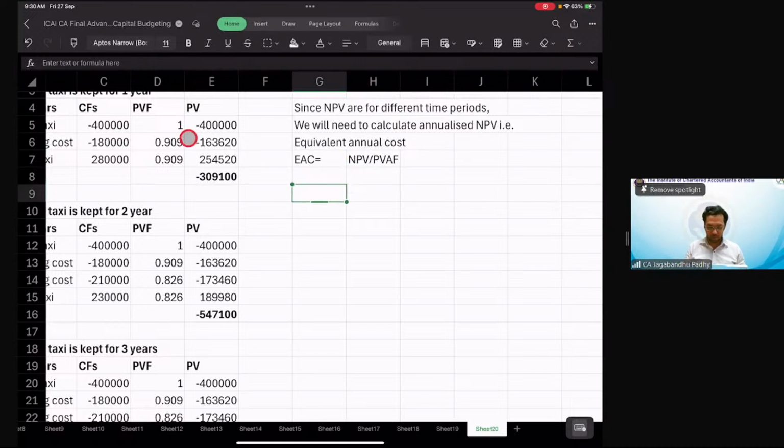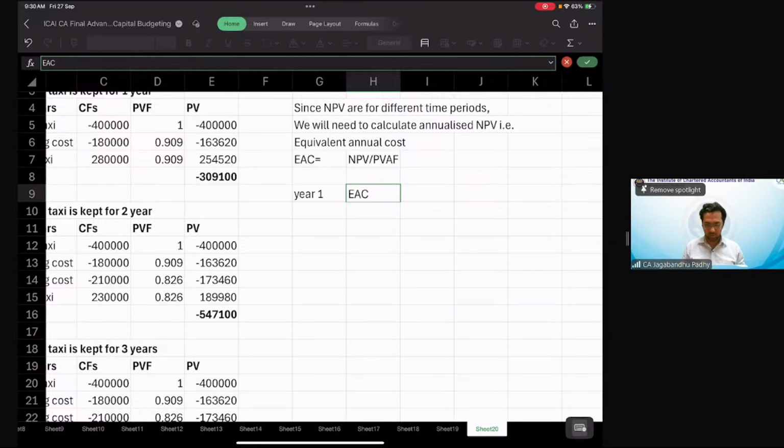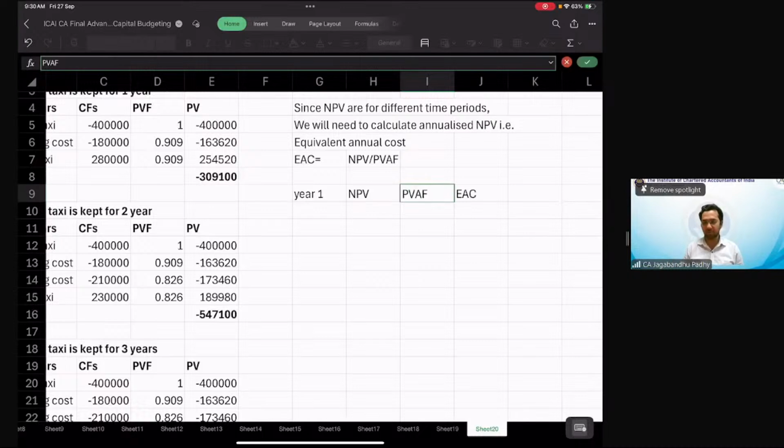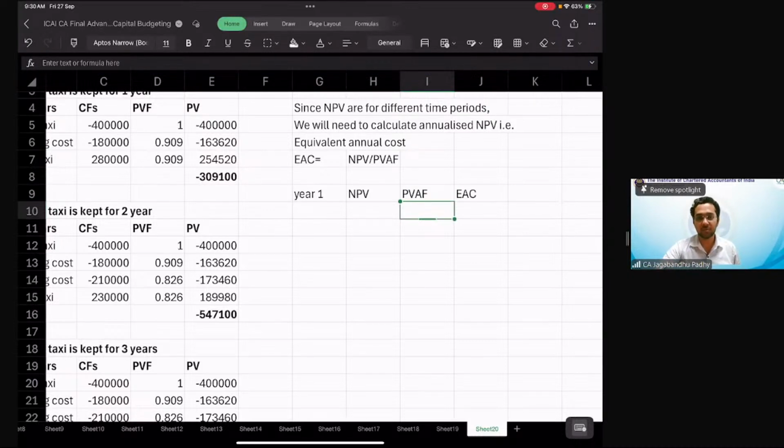Like in year one, before the equivalent annual cost, we need to see what's the NPV and what will be the present value annuity factor. In CA Inter, you might have already done this present value annuity factor.